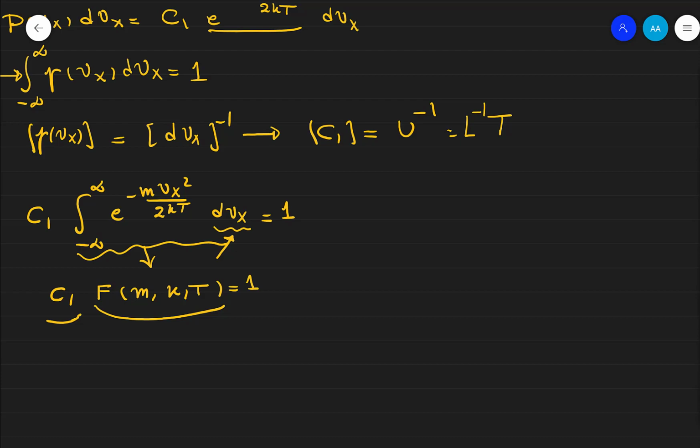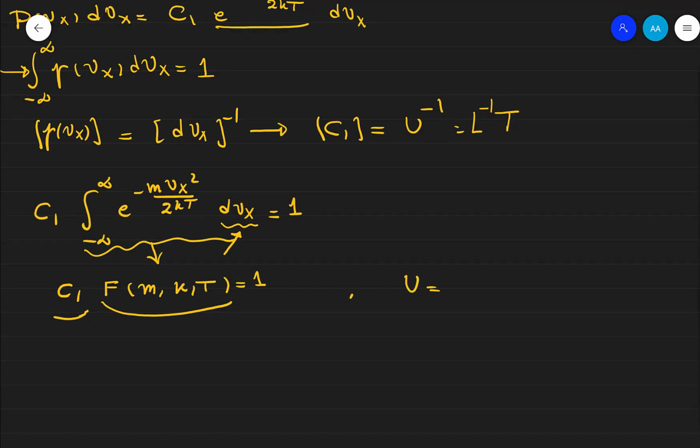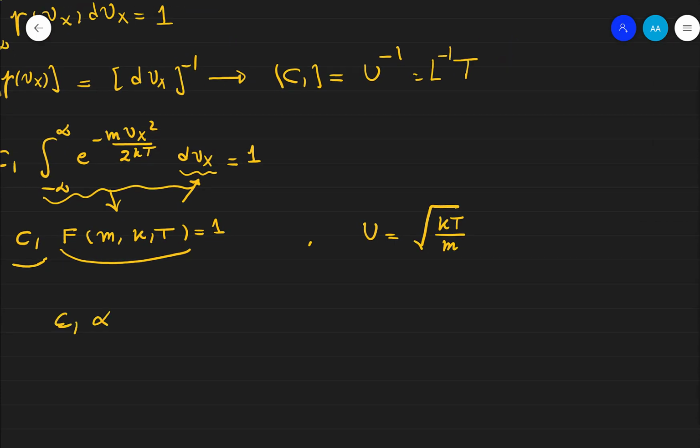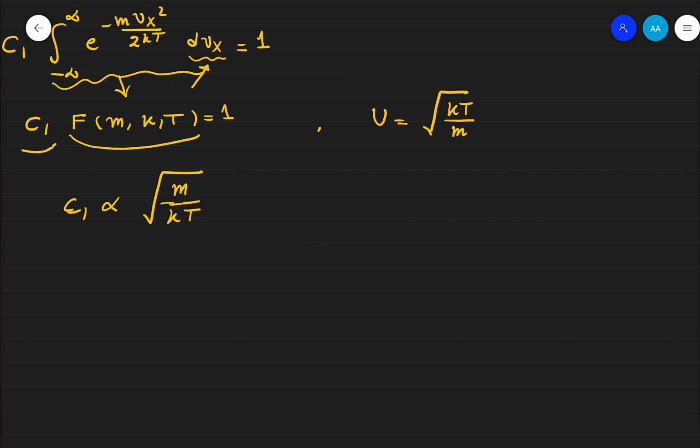Then we should construct a velocity with the quantities m, k, and T. It can be easily seen that the characteristic velocity is the square root of kT over m. Then C1 should be proportional to U inverse, which is m over kT. We can obtain the value of the function f using the integral in this way.